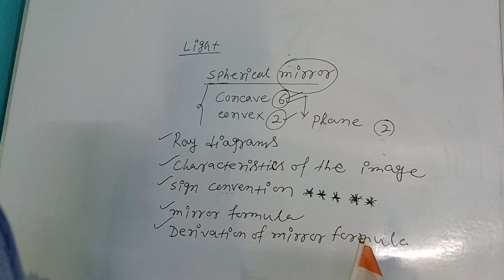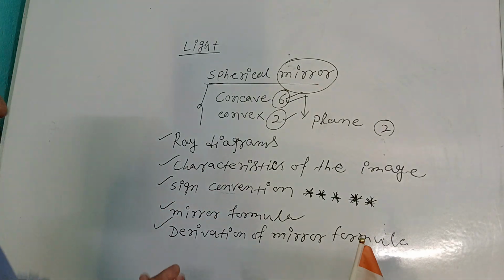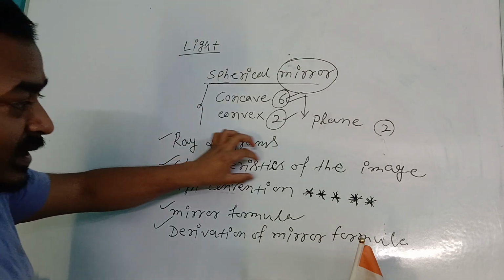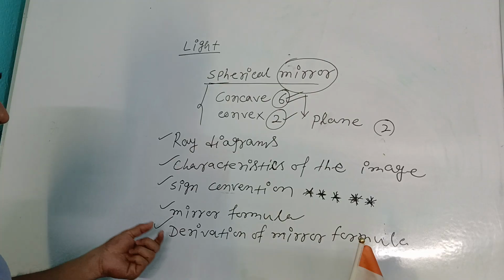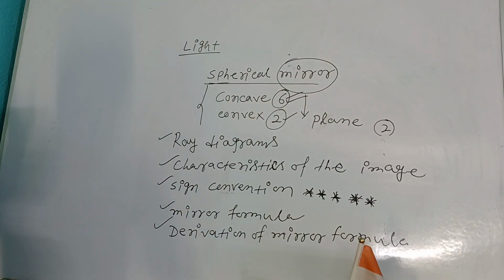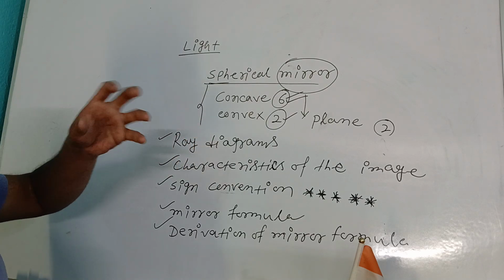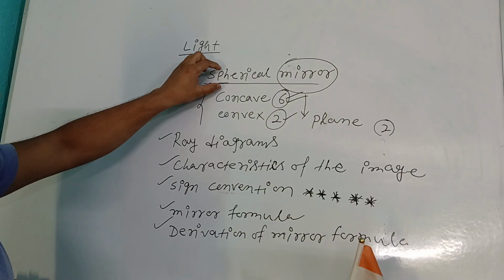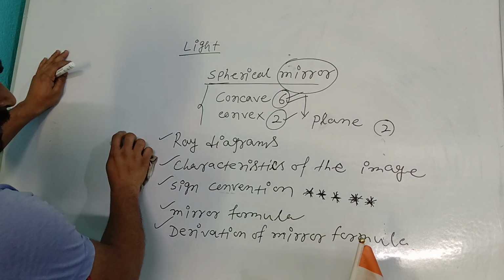So take your pen and paper, try to understand, and note it down. Our topics are ray diagrams, characteristics of image, sign convention, mirror formula, and derivation of mirror formula. Now some basic definitions related to spherical mirrors.